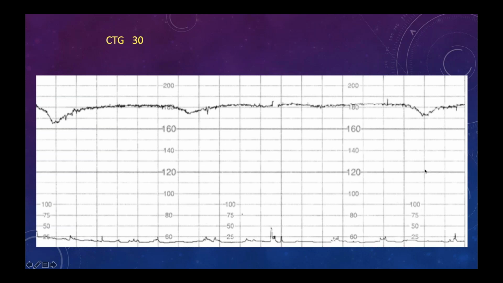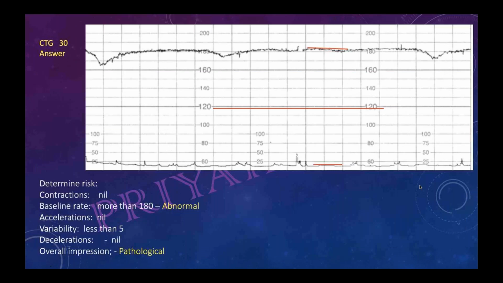So basically, there is one abnormal feature, the 180 heart rate. So shall we go for pathological? Pathological, yeah. Variability is less than 5, but it's not a 30-minute CTG, so it's not included in the criteria.